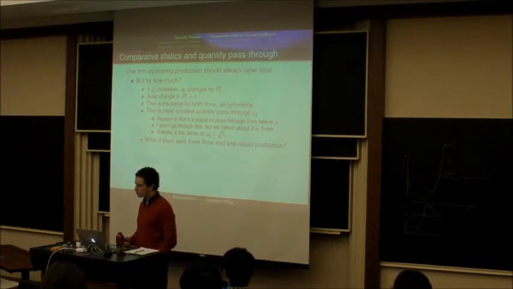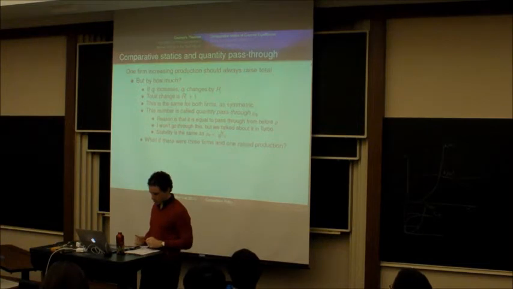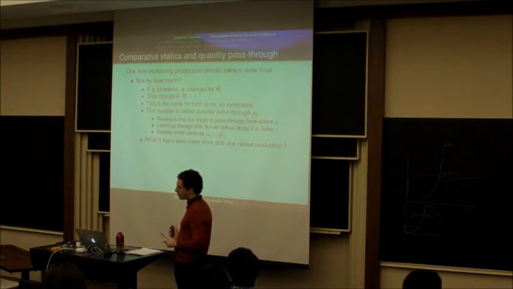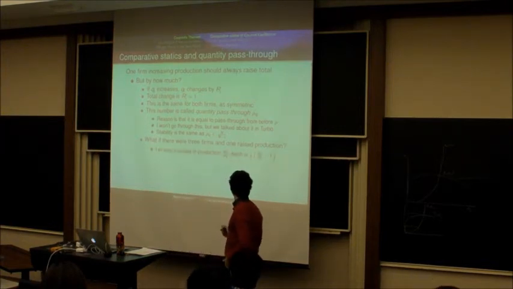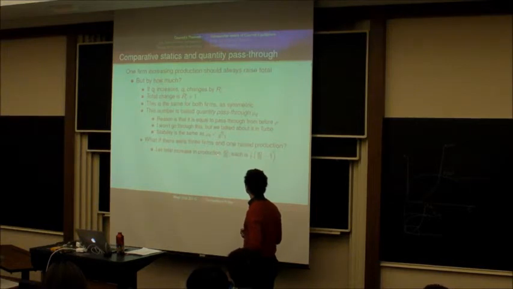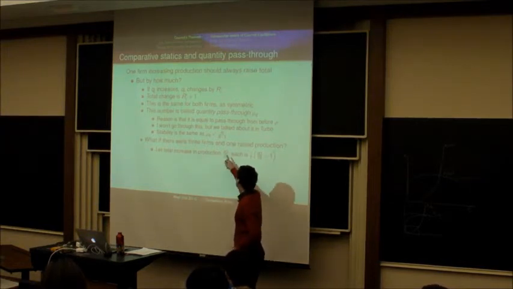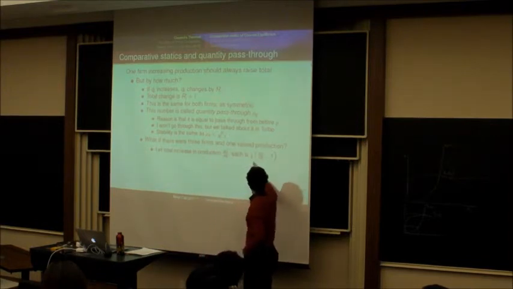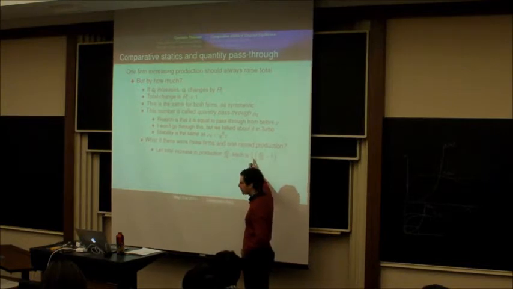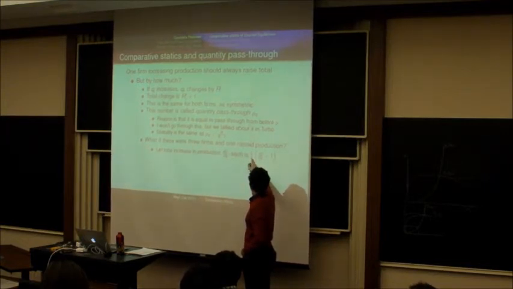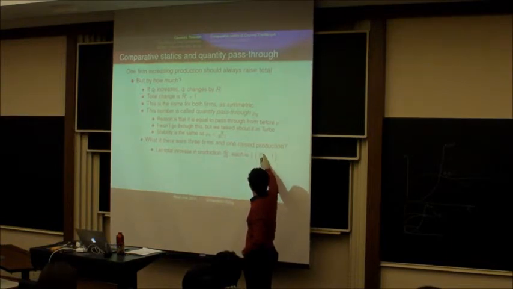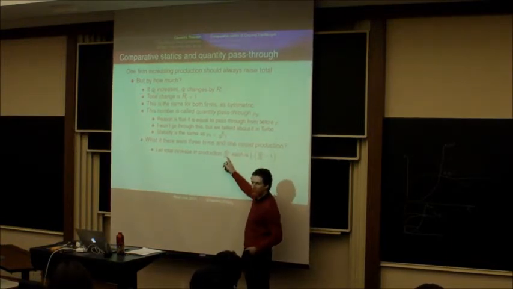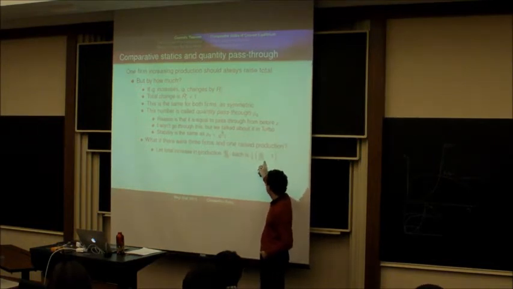So what if there were 3 firms and one firm raised its production? What would happen? Well, the total increase in production, let's call that dQ over dq tilde, is the amount by the third firm that's coming in. Each firm is going to have to increase its own production by 1/2 of the amount that the total industry changes minus 1, which is the direct increase by the new third firm, right?